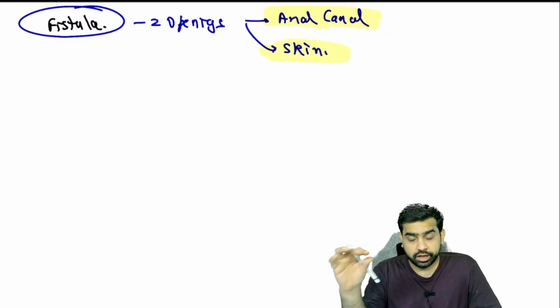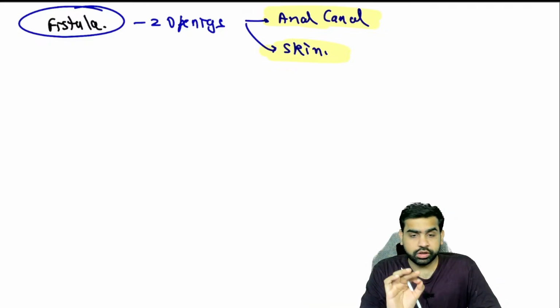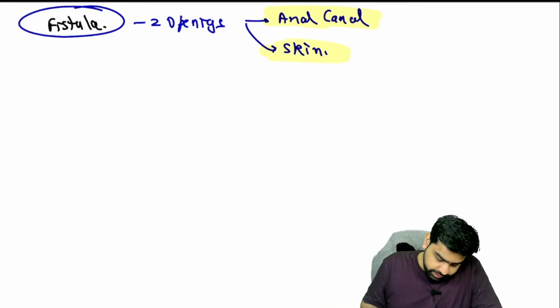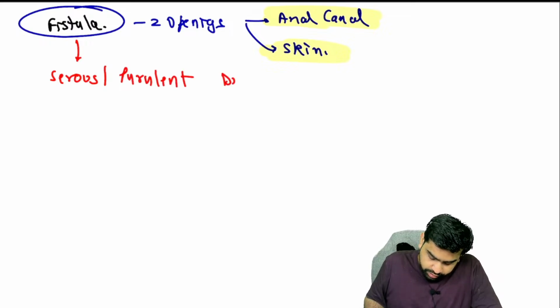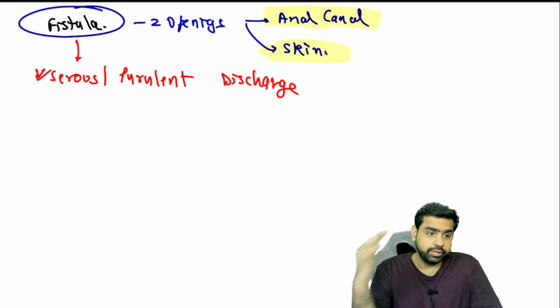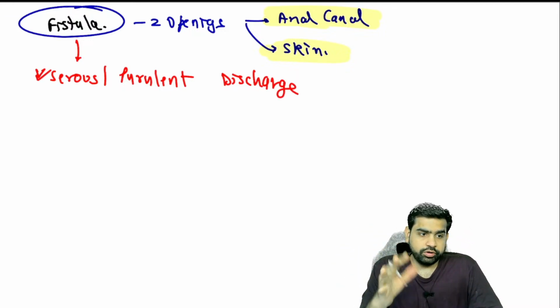So the fistula has two openings, one in the anal canal, one on the skin. Are you understanding? And from this fistula, what is coming out is a serous or a purulent discharge, and that is what you need to understand over here.